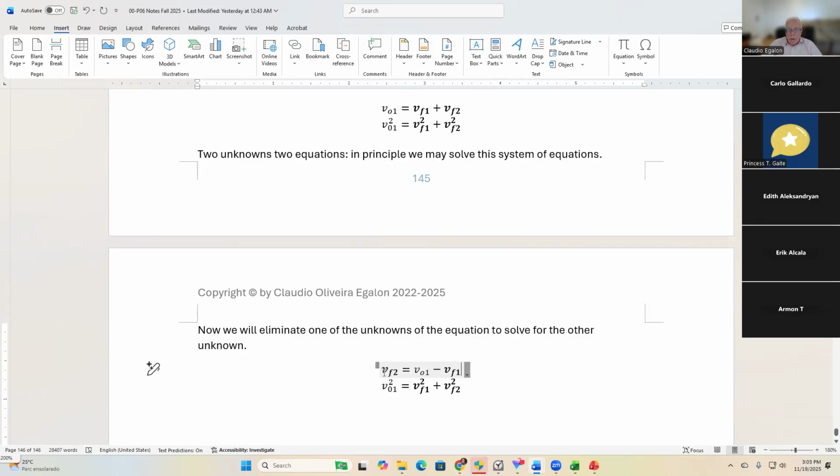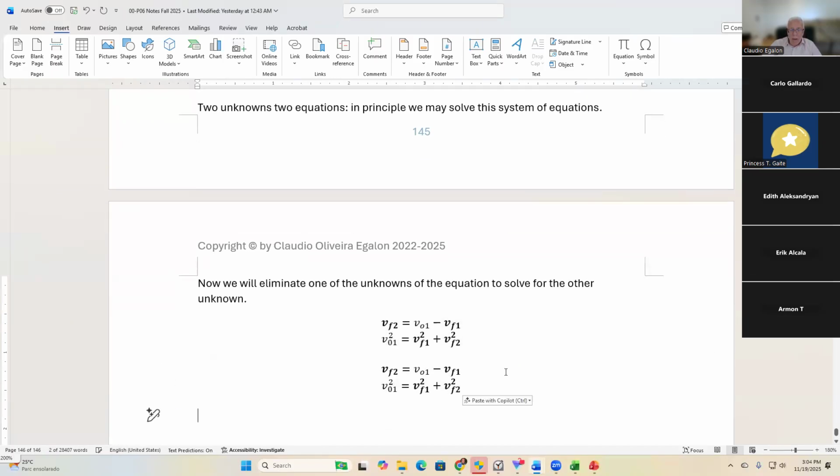And I'm going to substitute this VF2 right in here. That's what I mean by eliminating VF2. And we are going to get this equation only in terms of VF1, right?